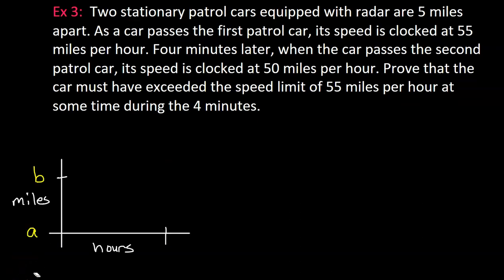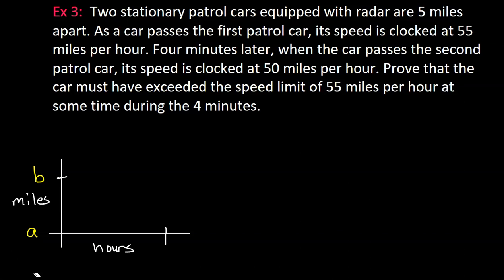Let's draw a graph to help us visualize the situation. So imagine that the first patrol car is here at position A and the second patrol car is at position B. So we're going to put distance in miles on the y-axis. And as usual, we're going to put time on the x-axis in hours since the speed is in miles per hour.